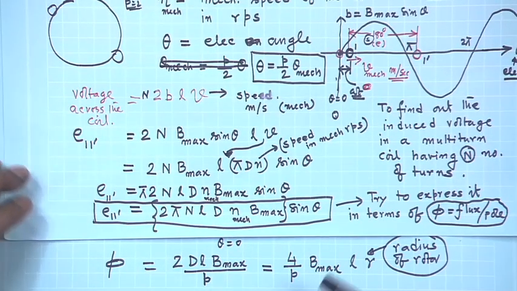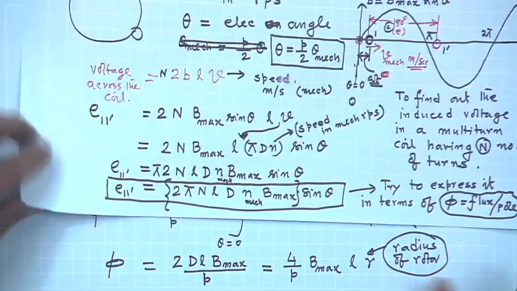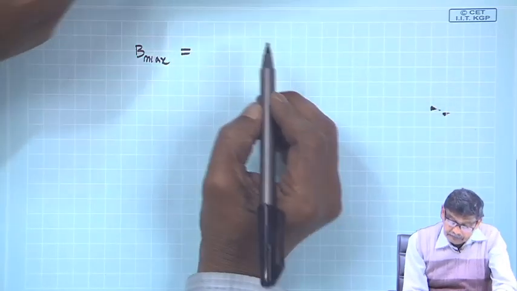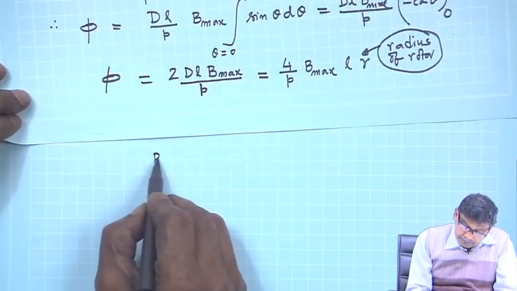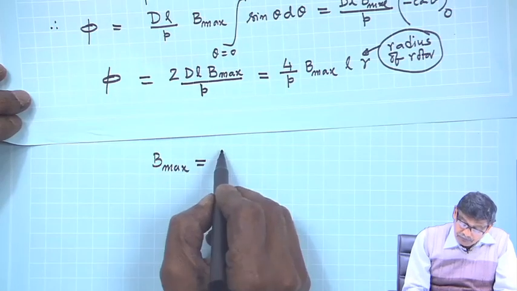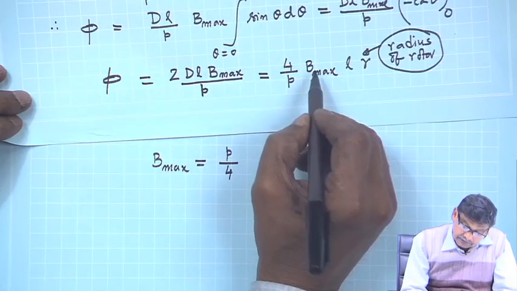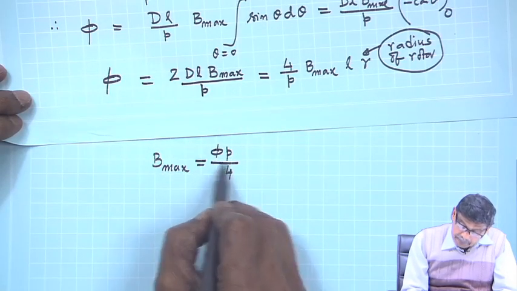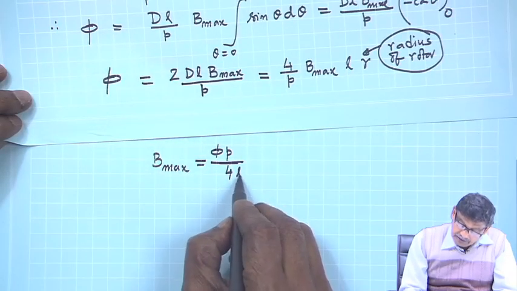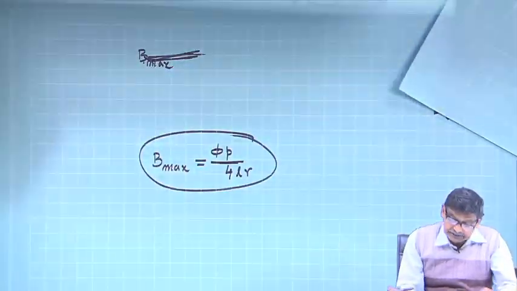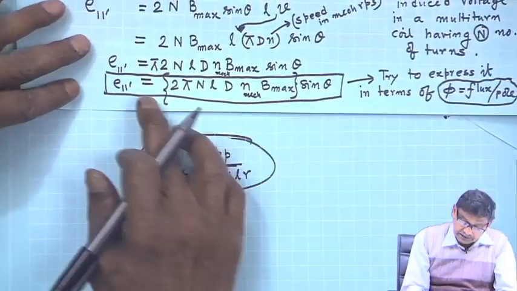So I can say that B max will be phi P by 4 L R, and this I will substitute in this expression of the induced voltage here.